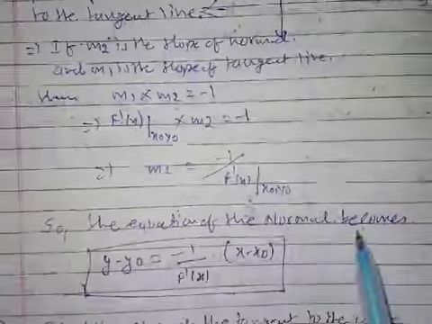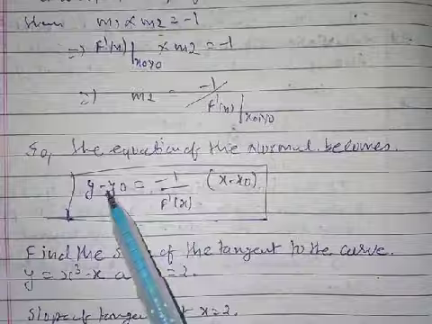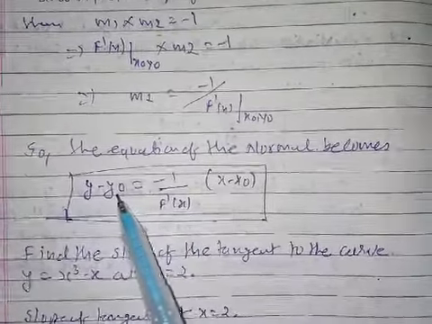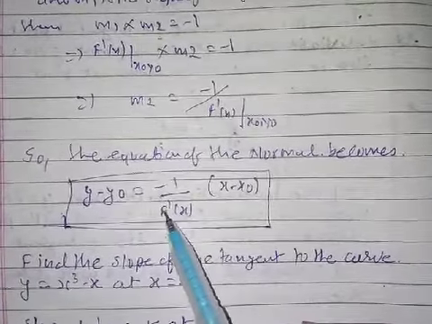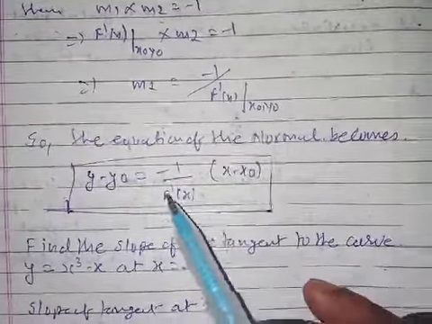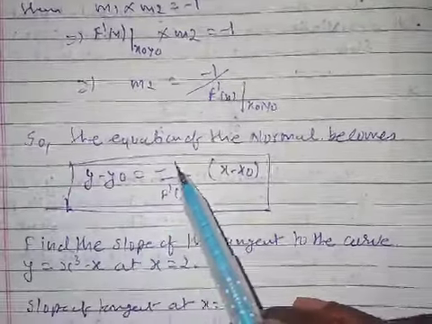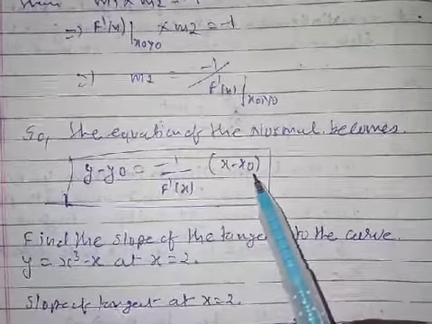So the equation of the normal will be, here only the slope changes, the rest remains the same: y minus y0 is equal to minus 1 upon f dash of x0 into (x minus x0).